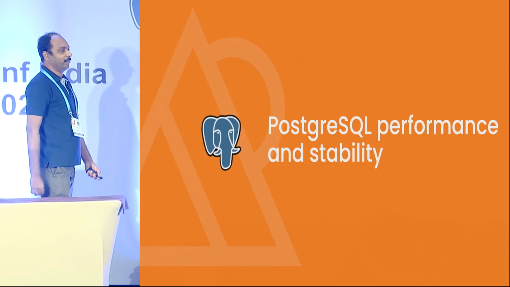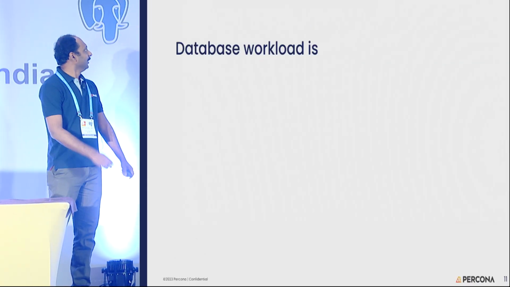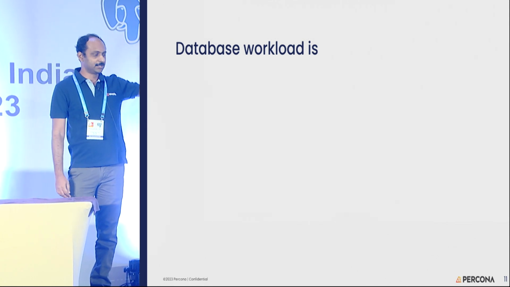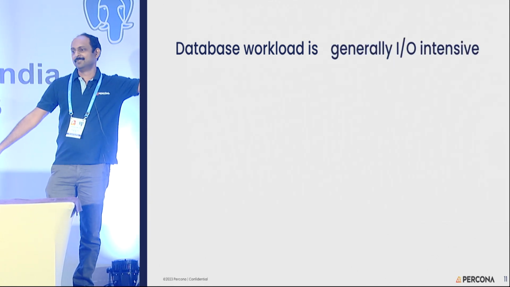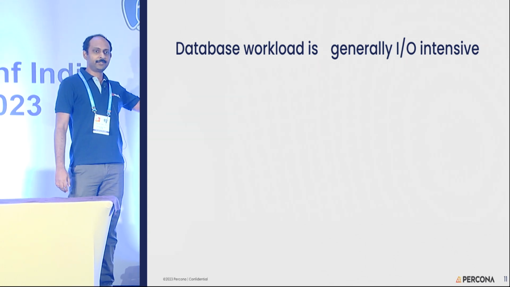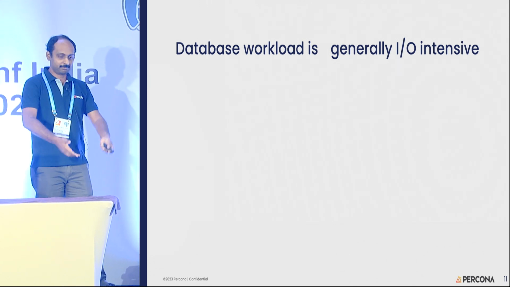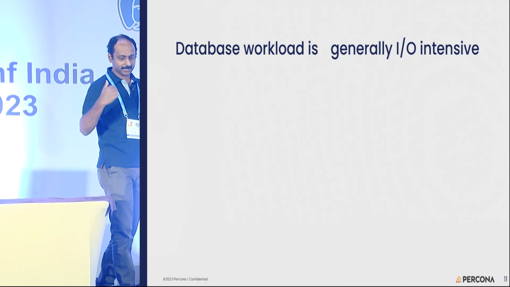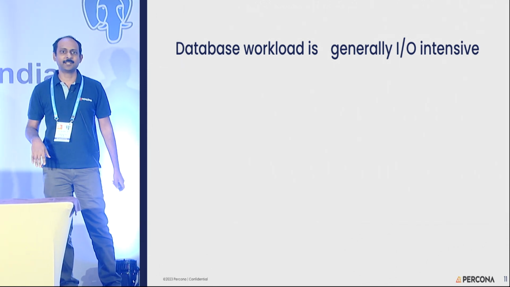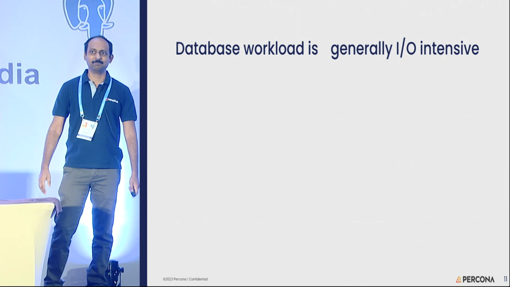Yeah. So moving quickly to the Postgres side, PostgreSQL performance and stability. We should remember a database workload is always I/O centric, I/O intensive, and I need to assert this multiple times because there are marketing strategies coming in saying that you can have a multi-node machine for a database so that you'll get a lot of CPU and memory.